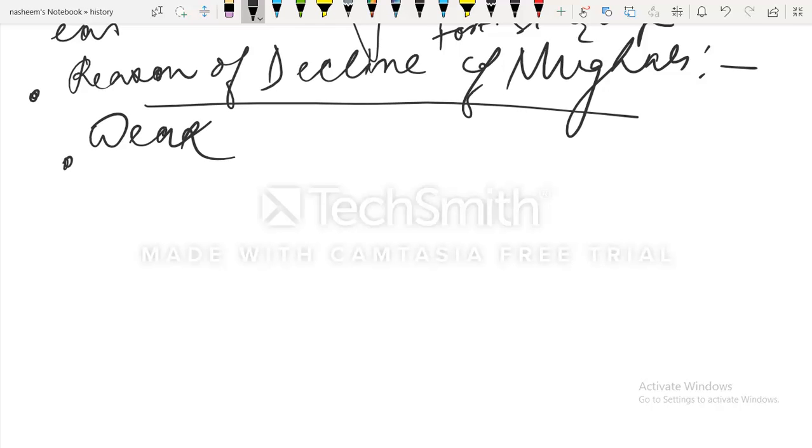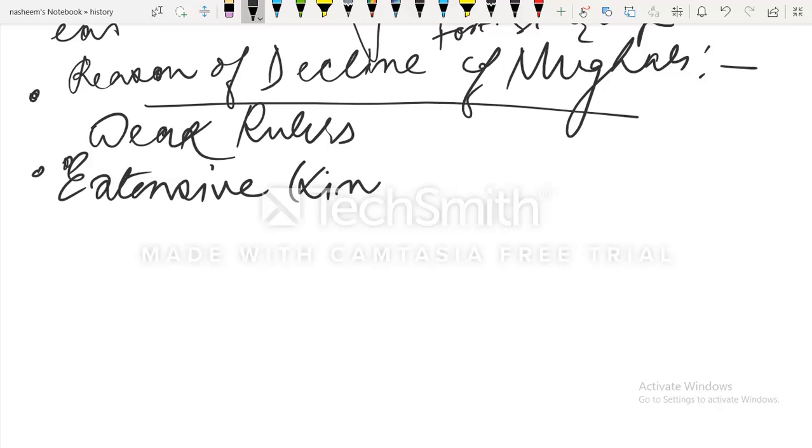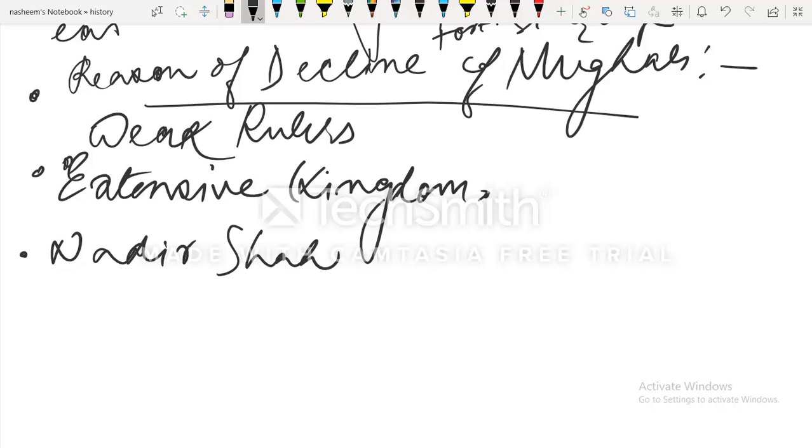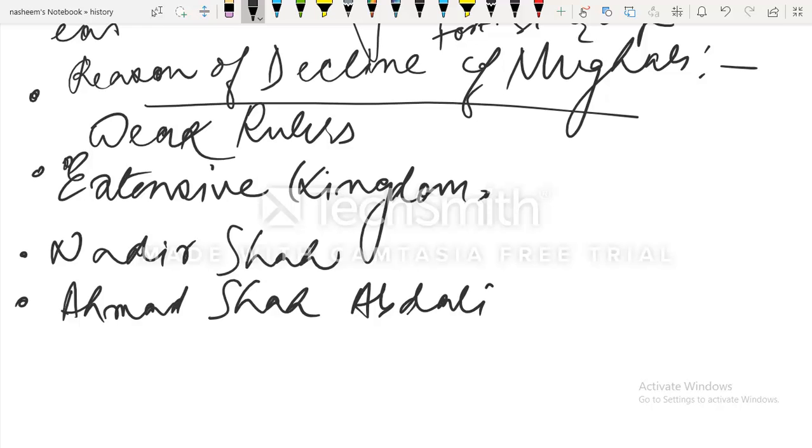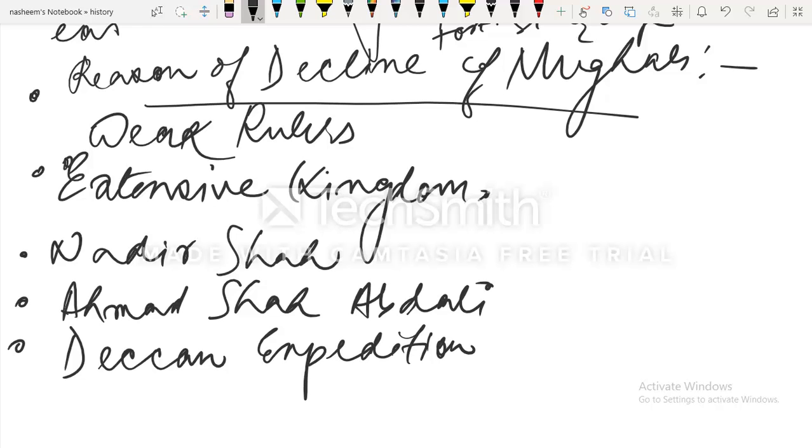Weak rulers, extensive kingdom, Nadir Shah, Ahmad Shah Abdali, Deccan expedition of Aurangzeb.